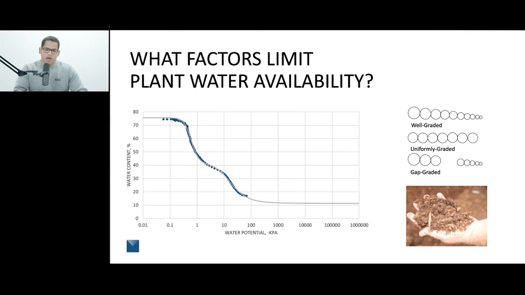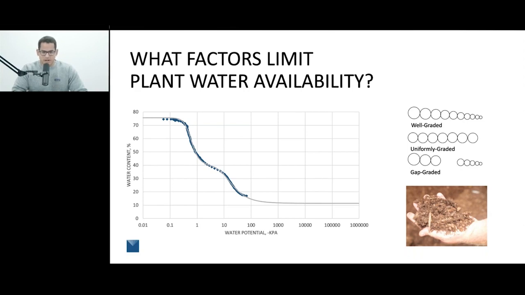Because of that distribution, we wind up with a bimodal soil moisture release curve, and this one is extremely bimodal. What that means is you have that kind of stair-step action in the curve.